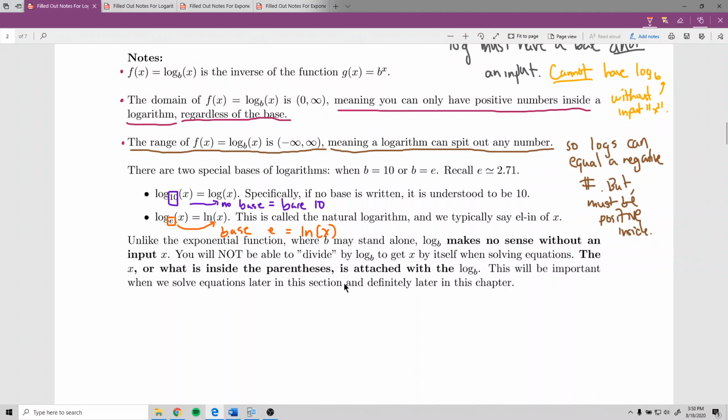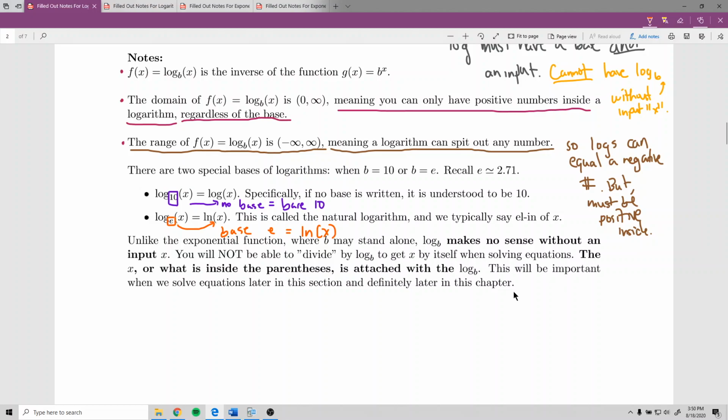All right, and this is just another reminder of what I just wrote. You cannot have log with a base without an input. So log base b makes no sense without an input. You will not be able to divide by log because, once again, it means nothing. It's like dividing by a square root symbol.